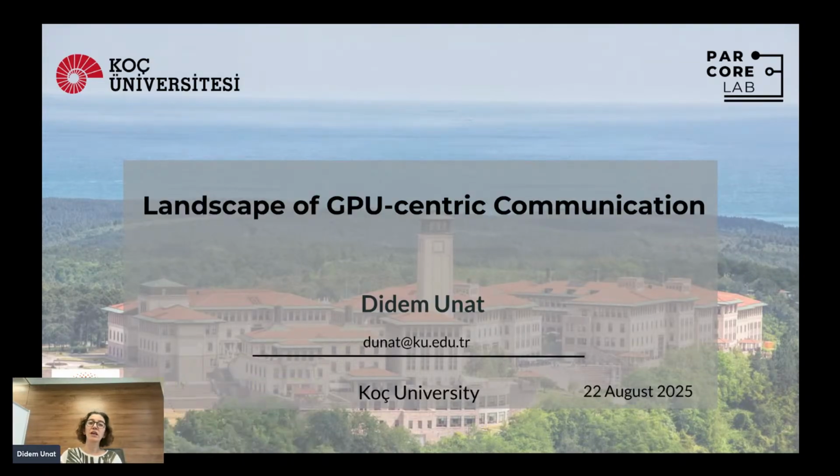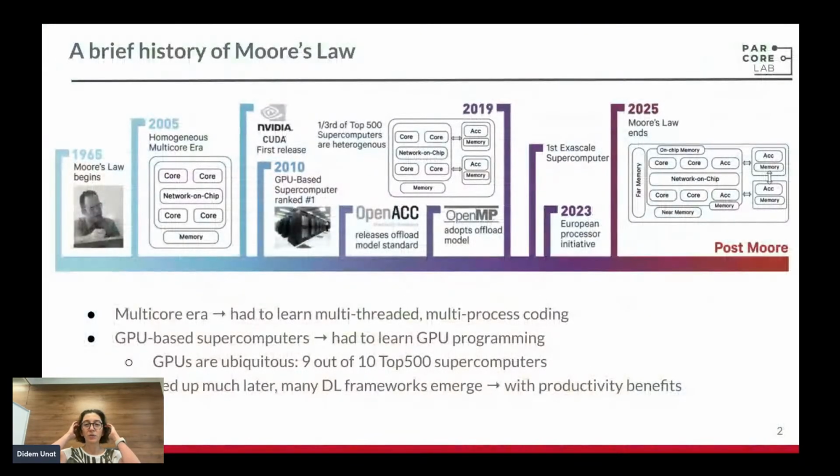Okay, sounds good. Before talking about GPU communication, let's motivate first GPUs and then the communication. Since the early 2000s, we moved to this multi-core era, and then we had to learn multi-threaded, multi-process programming, and we started teaching them at schools as well. And in 2007, CUDA was first released, and it became popular.